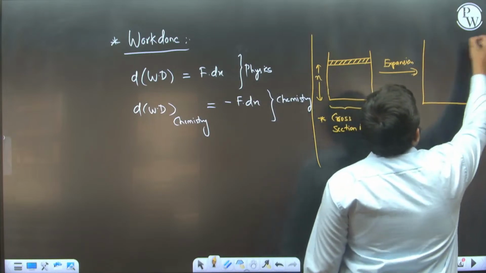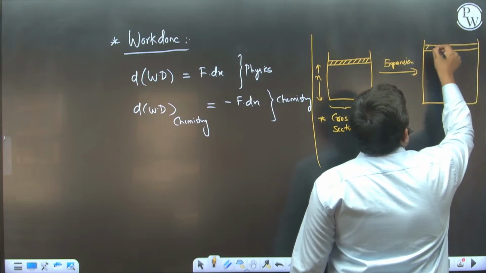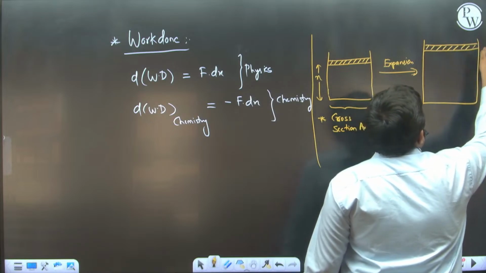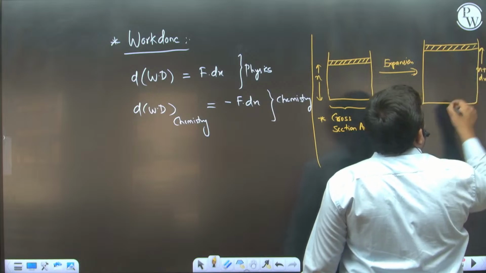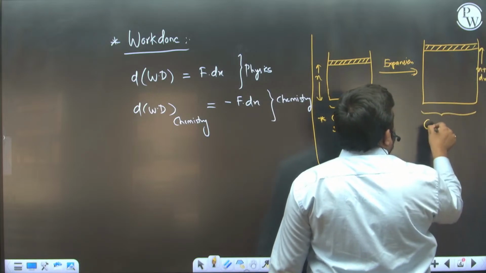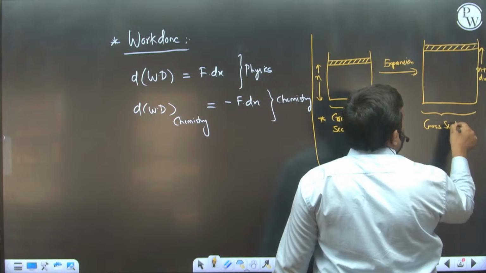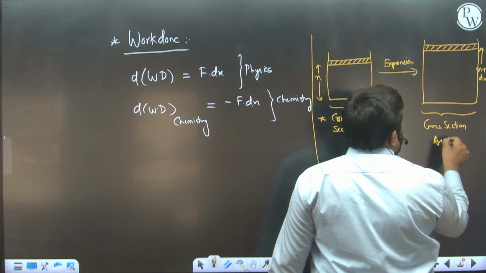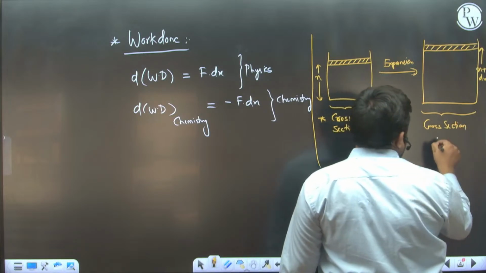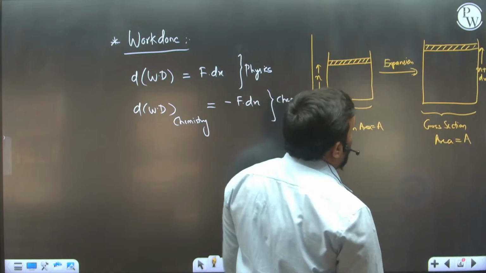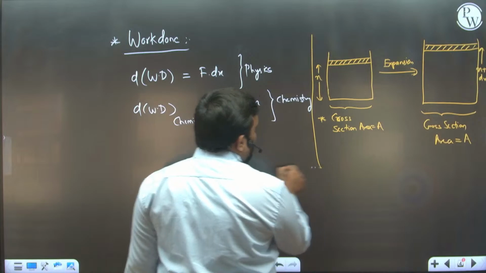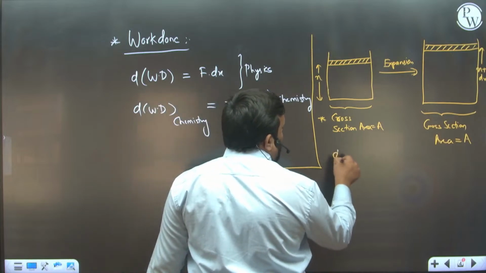Expansion, there will be small displacement by dx. So now the length is x plus dx. The cross section area is again A only. Cross section area is equal to A, but there is a displacement, small displacement dx. So over here, let us see the work done, small work done.